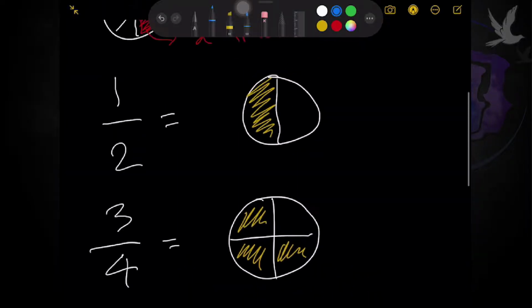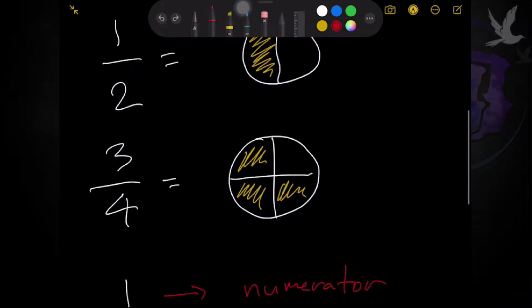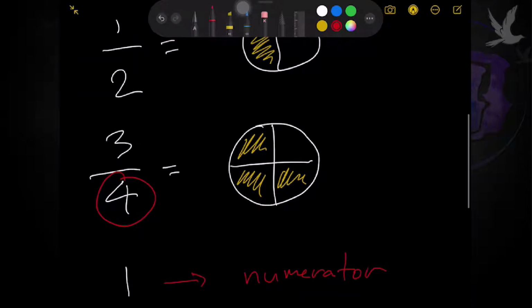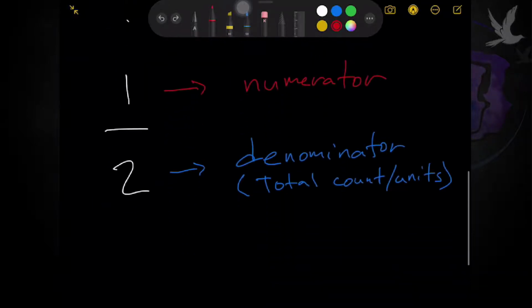For example, here you have this 2, so there are a total of 1, 2 units present. Here in the 4, we have a total of 1, 2, 3, 4 spaces or units. So that's what you mean by the denominator.